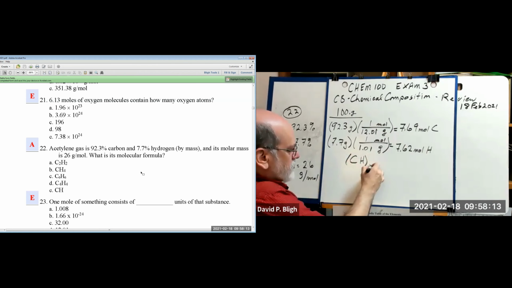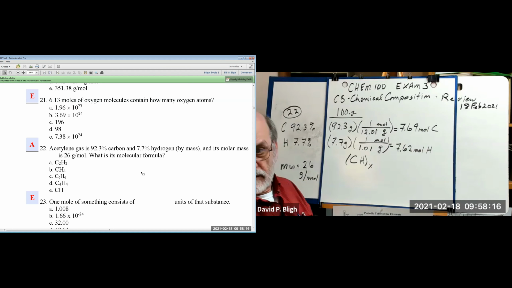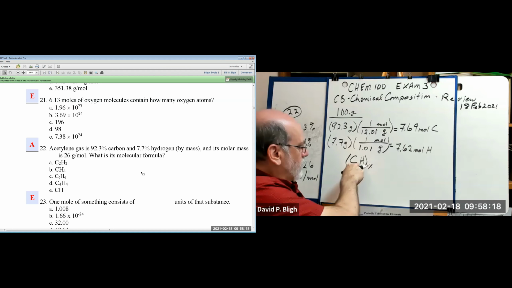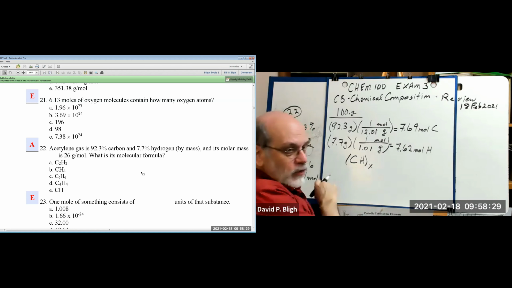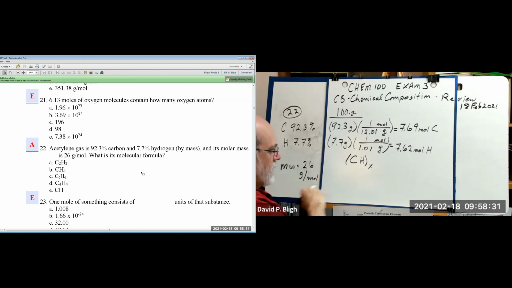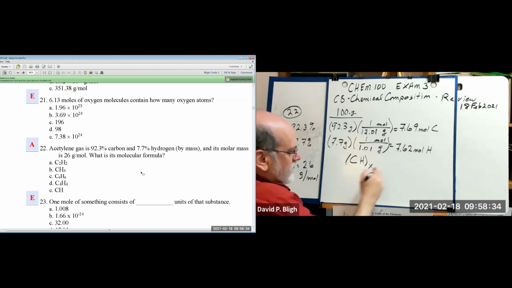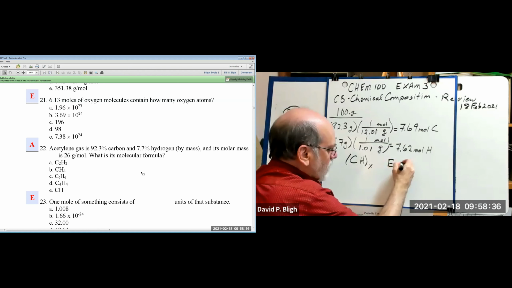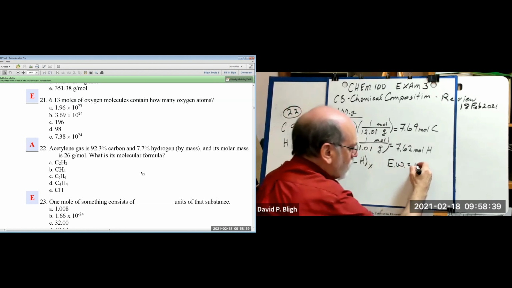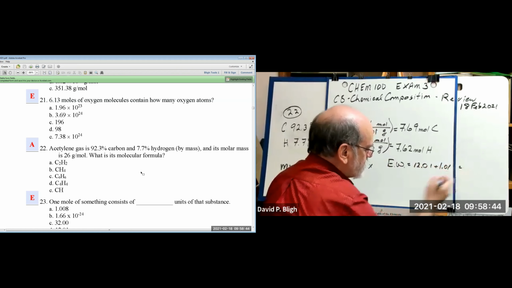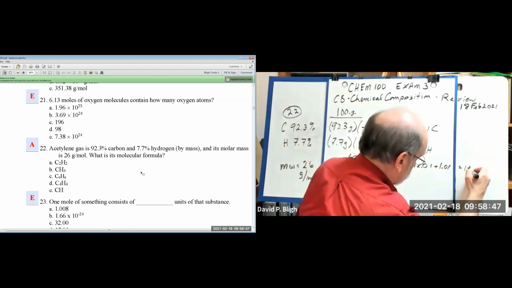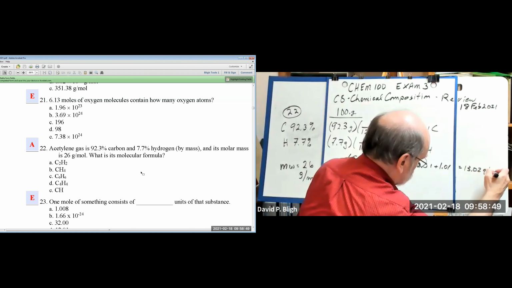What we want to find out is, what is that multiplier? It multiplies by 1 here and 1 there. So it's going to be the same ratio, right? Whether it's C2H2 or C3H3 or C4H4, it's got to be a whole number. What we need to do is compare the molar mass for that one, which I call the empirical weight, is 12.01 plus 1.01, which is 13.02 grams per mole.